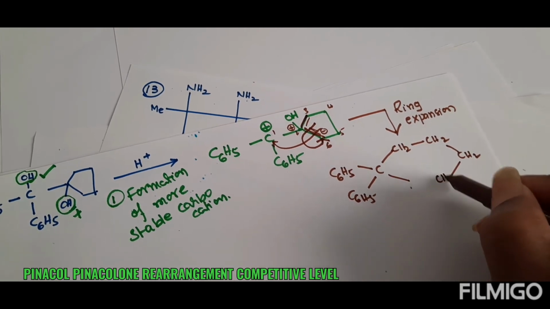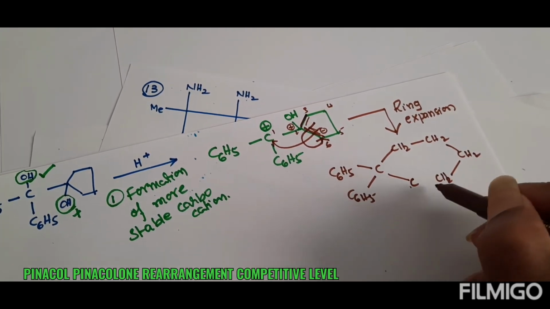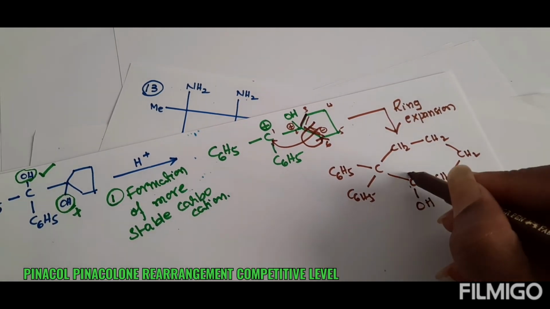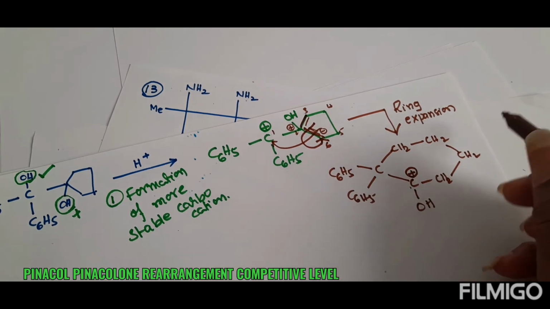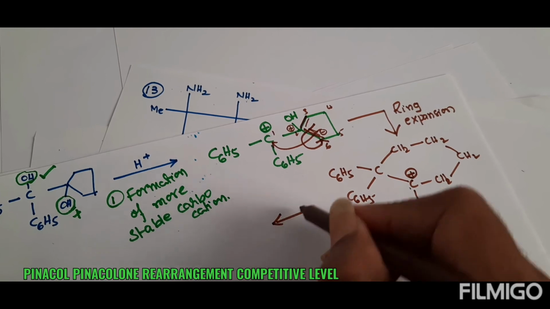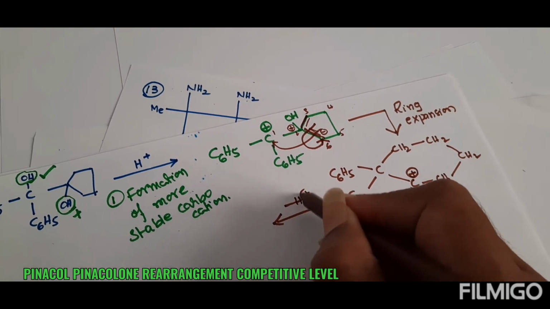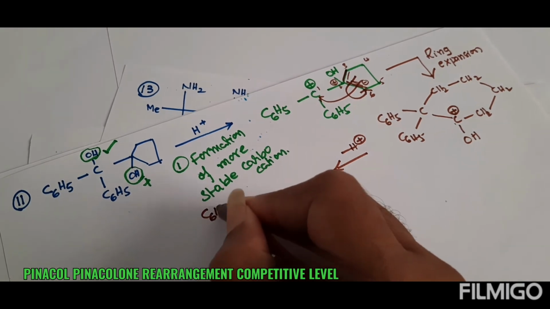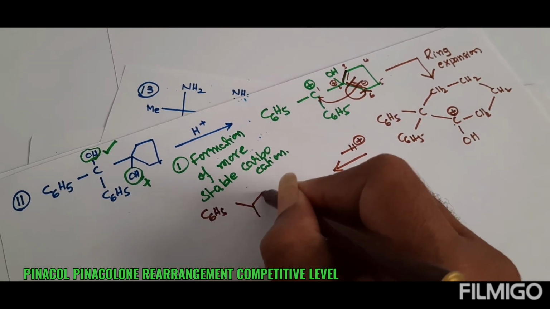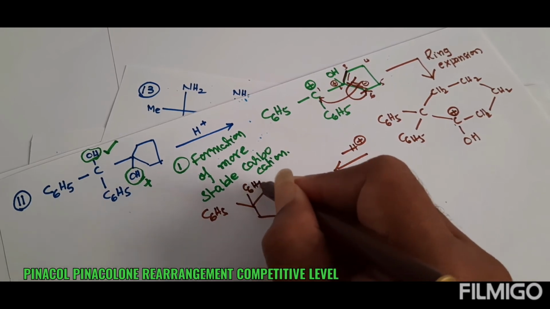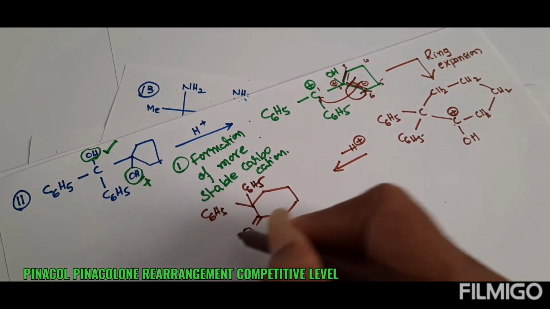Here CH2, here is C, OH, here is the positive charge, right? In the next step, it loses the H plus and then shifts to a compound with C6H5. Here is C6H5. A C=O double bond will form. This is the compound formed.